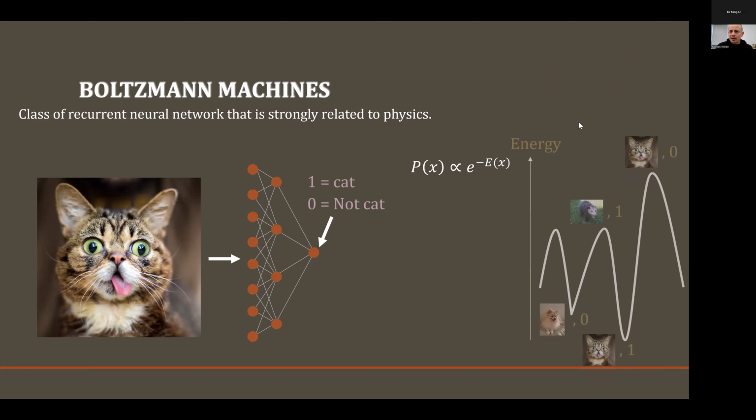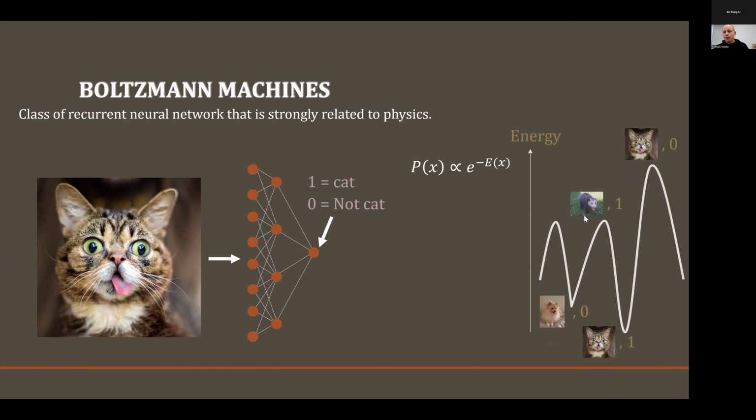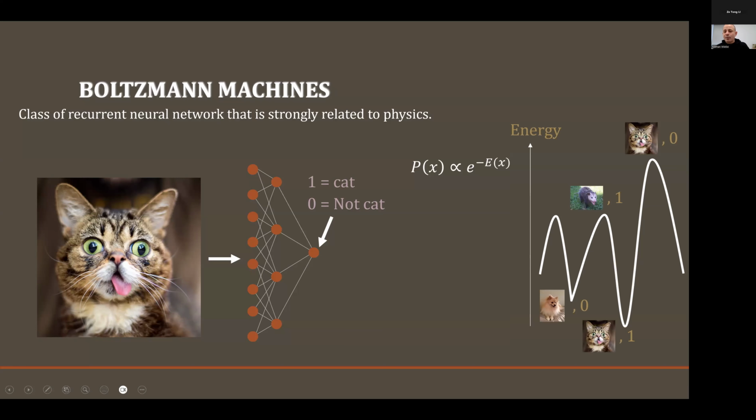And so the way that we do this is, let's imagine we were training it with a bunch of these images over here. So we have a bunch of different animals here. I've got two pictures of cats, and I've got two pictures of not cats. What we'd like for our energy function is to make sure that if we provide an image of a cat, the energy should be very low, corresponding to the cat being correctly labeled.